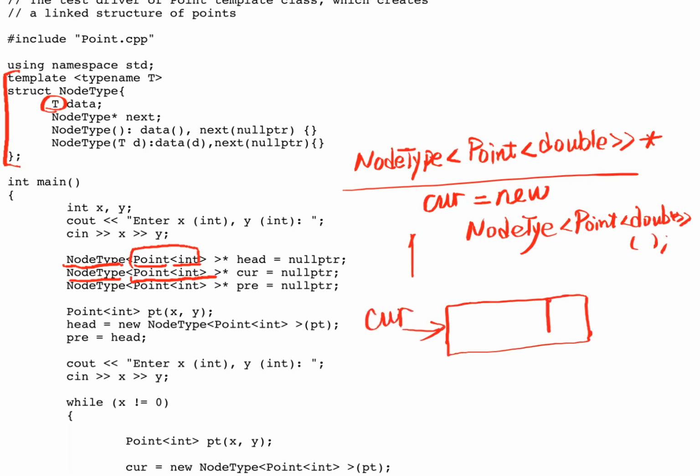And the data is what? The data is a double point. Now we use the default constructor, so this is 0.0, 0.0, and the null pointer. Okay.